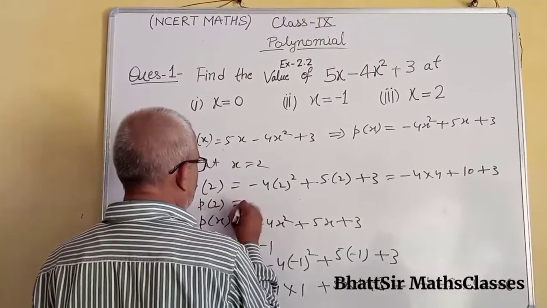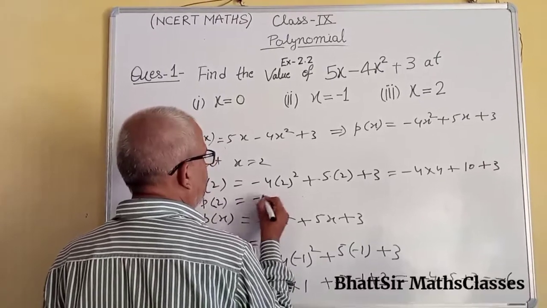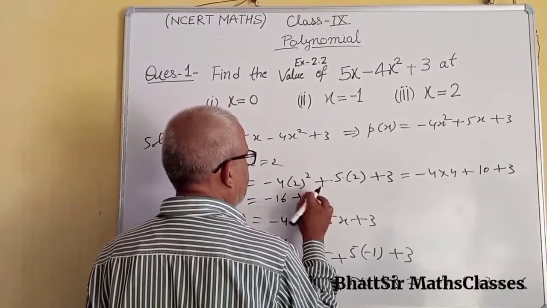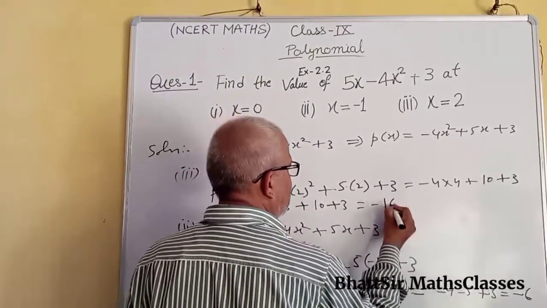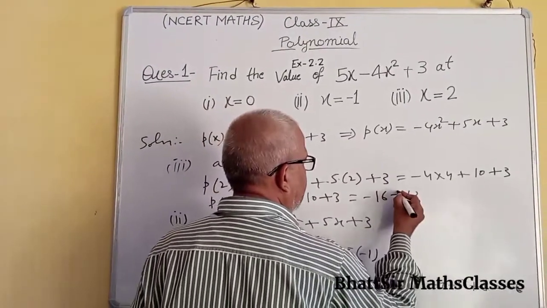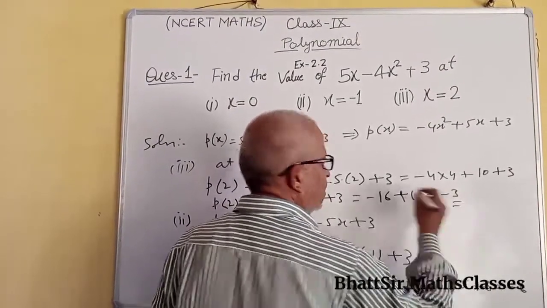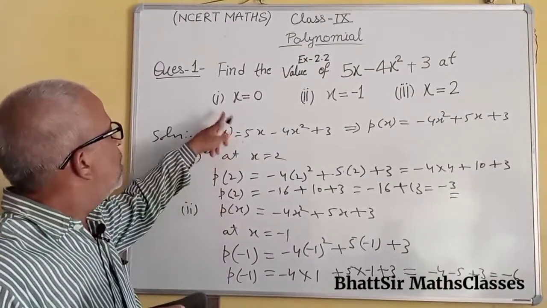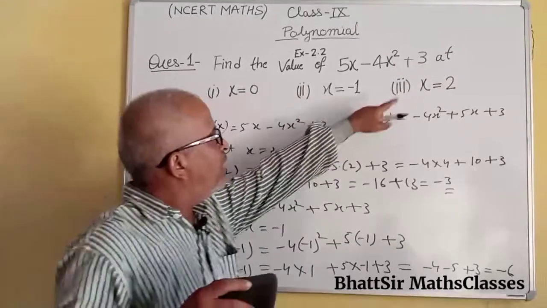P(2) equal to minus 16 plus 10 plus 3, minus 16 plus 13 equal to minus 3. In this way we can find the values at x equal to 0, x equal to minus 1 and x equal to 2.